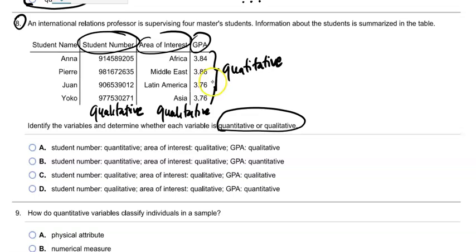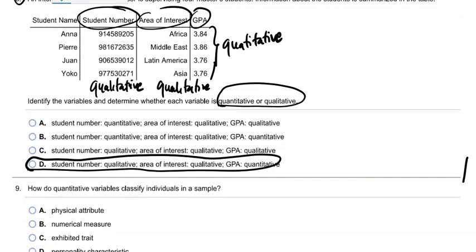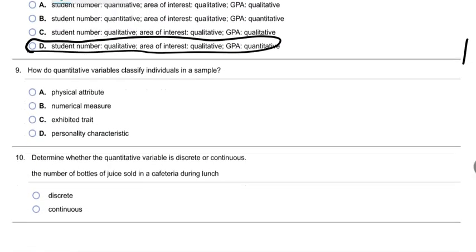So for this question the answer is D: student number qualitative, area of interest qualitative, and GPA quantitative. Okay, that's question number 8.